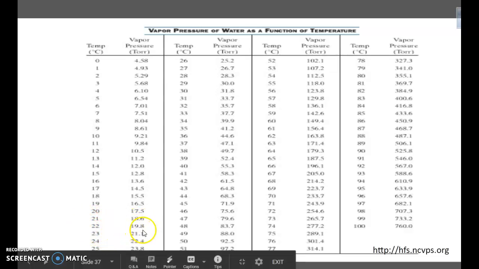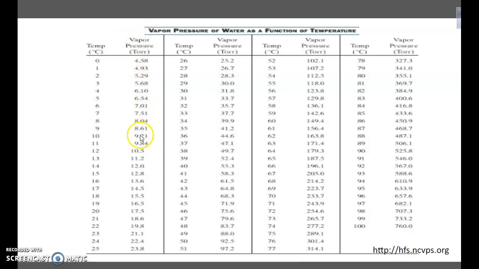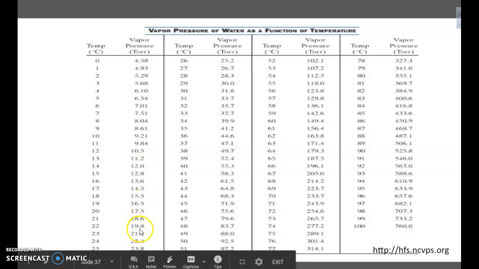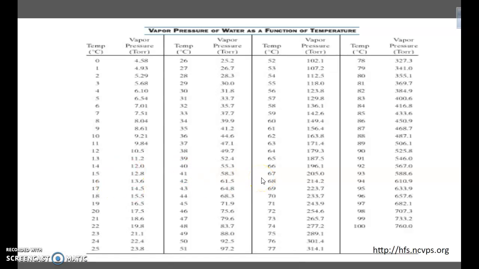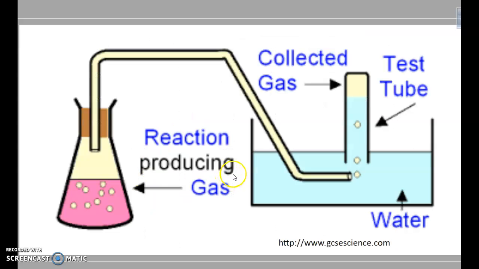I would have to take the pressure that I measure and subtract 19.8 from it to get rid of the water. That's torr, or millimeters of mercury, it's the same thing. I would subtract that away from the total pressure, and that would give me the pressure of just the dry gas. So whatever temperature you're looking at, if it's collected over water, come back here. I'll try to highlight or bold over water so you know to come back here, look at the temperature, and subtract it out.